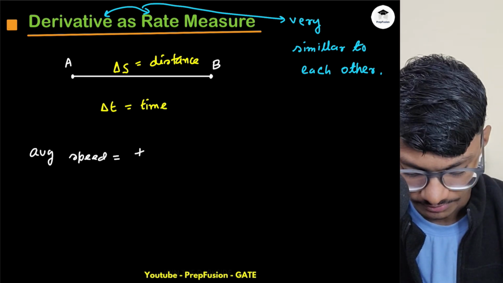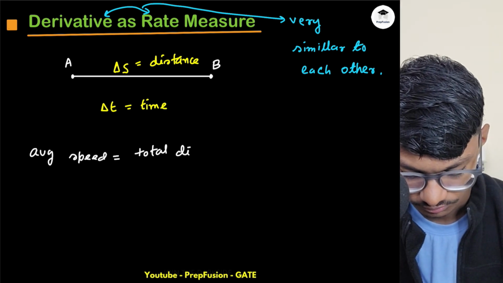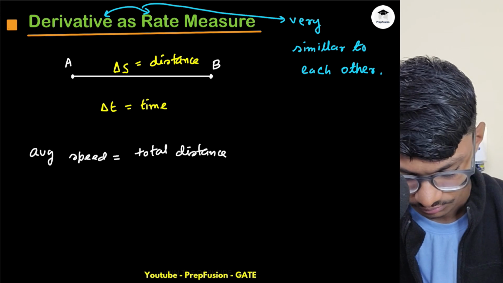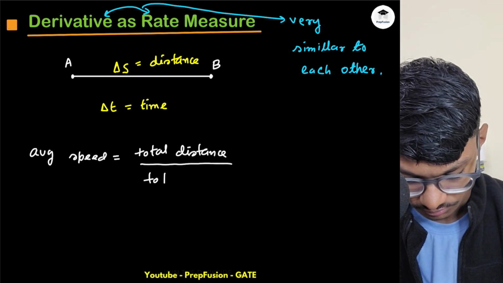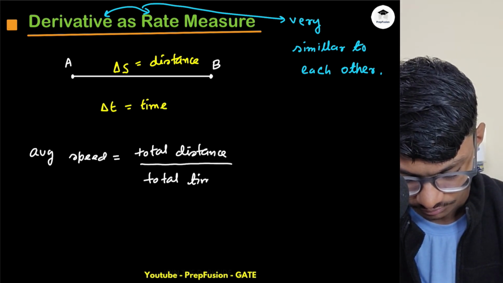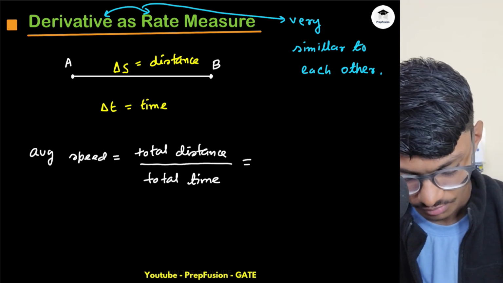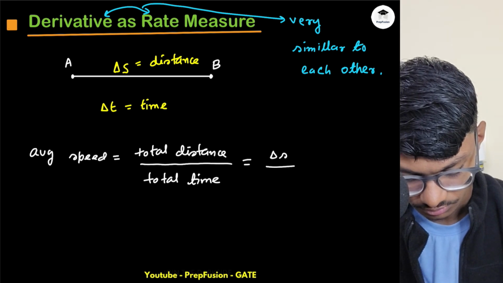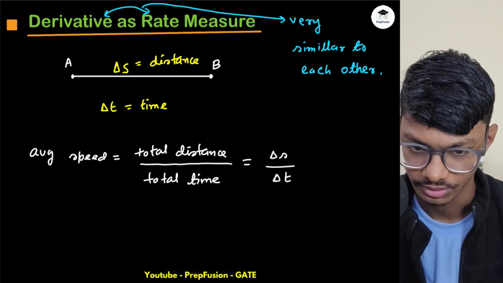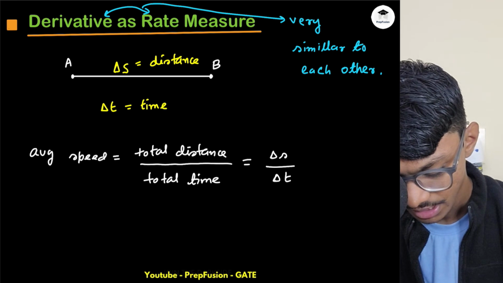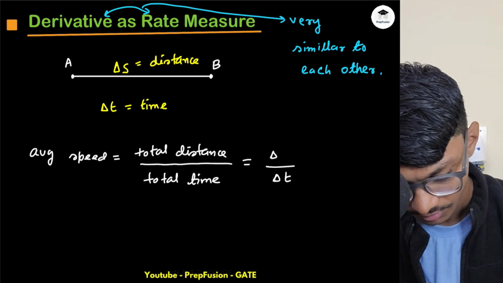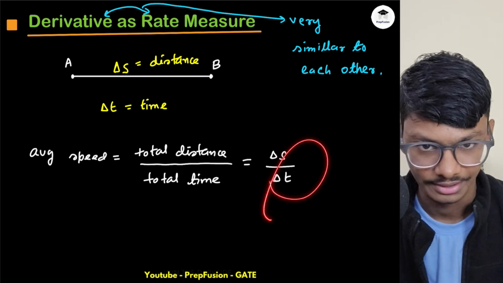Total distance upon total time, which is equal to simply delta S upon delta T. So this is my average speed, and this is also known as the rate measure.